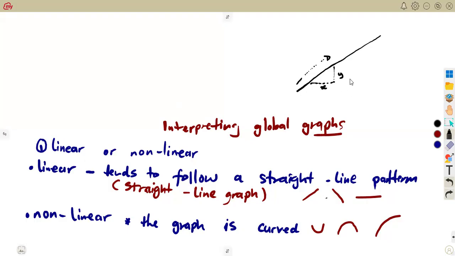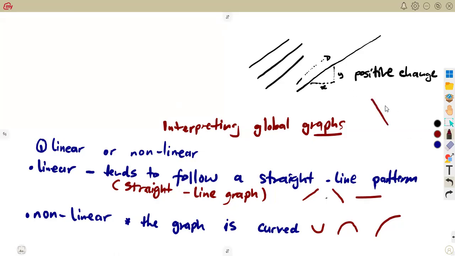It is going to be a positive change, which is best explained in your grade 9 mathematics. For now, guys, let us just know that lines going up like this are increasing, with a positive gradient, a positive change.